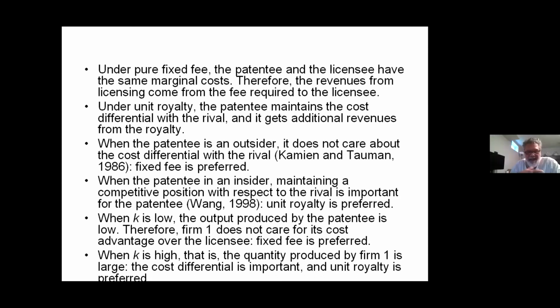Once you introduce uncertainty, are you telling me that anything can happen? We don't have any patterns, any general things we can say? With uncertainty, there are results where, if there are two components, fixed fee and royalty, one can use the royalty to offer a separating contract.